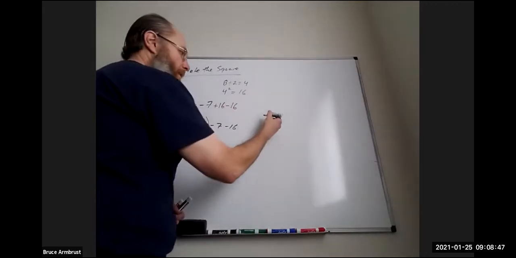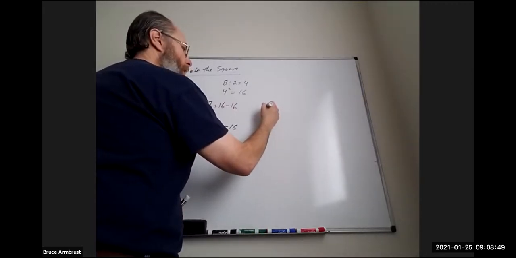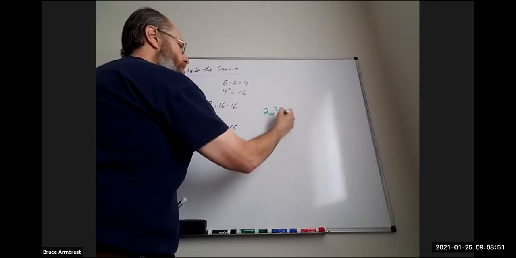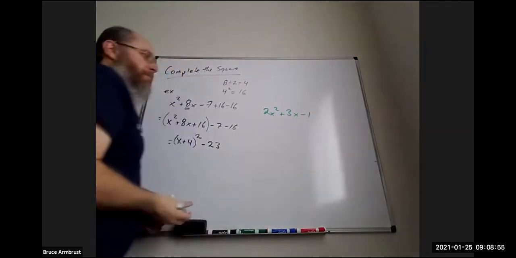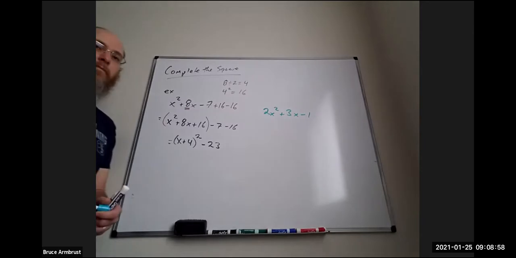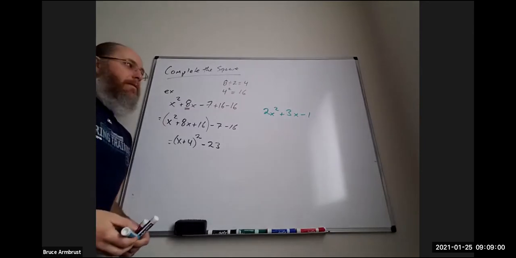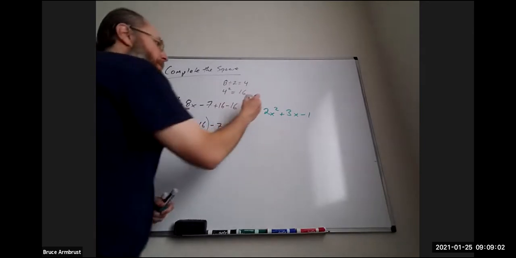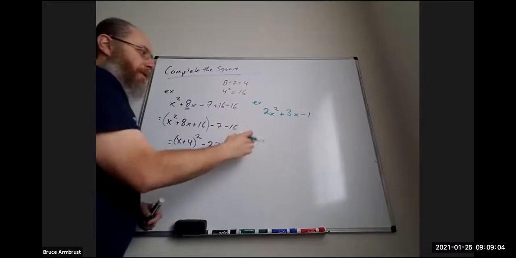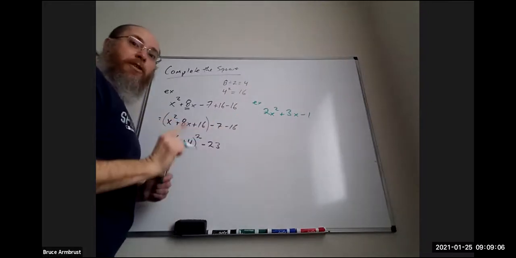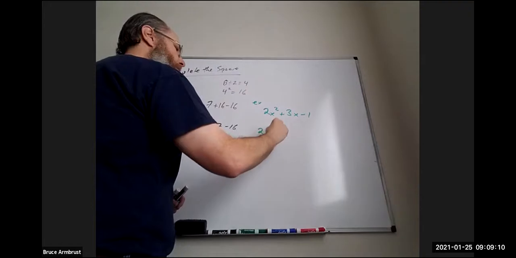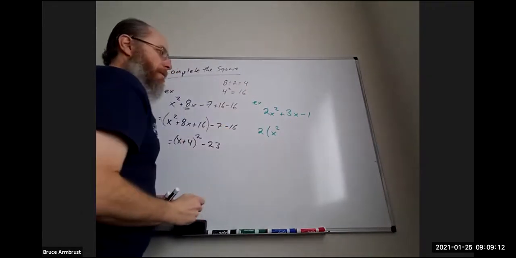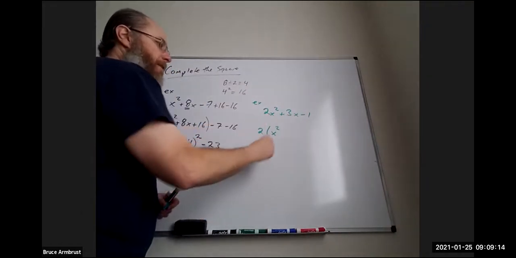So here's another example. Let's say we've got 2x squared plus 3x minus 1. We can't dive straight into the divide by 2 and square because of this 2. So here's what we have to do. We actually have to factor out the 2, so I'm going to divide everything by 2.